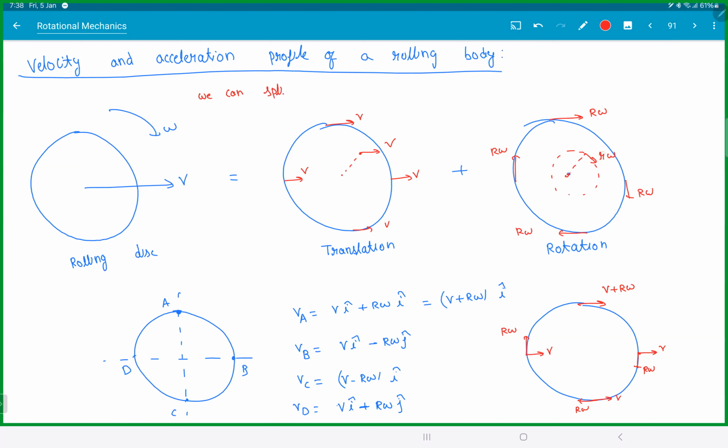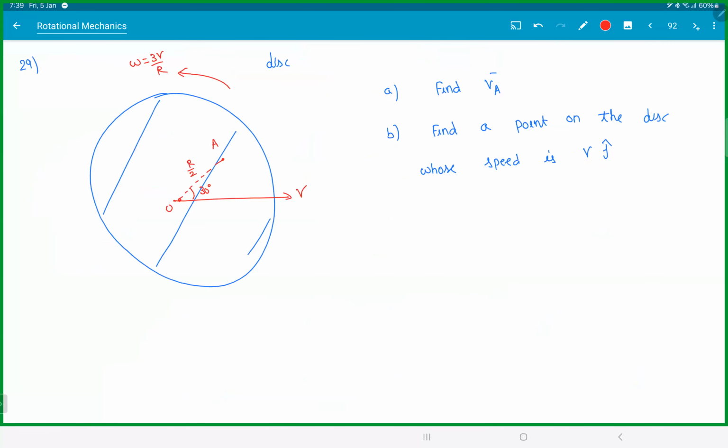We can split rolling motion into translation and rotation, as a vector sum of translation plus rotation. You have to add the velocities vectorially. Let's get this.